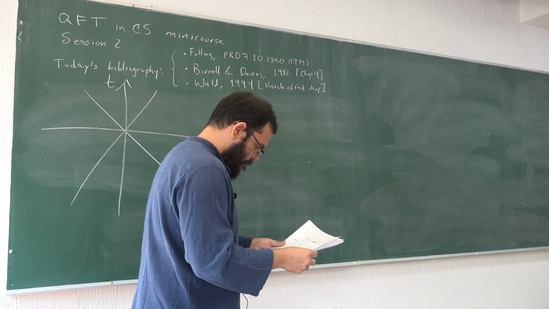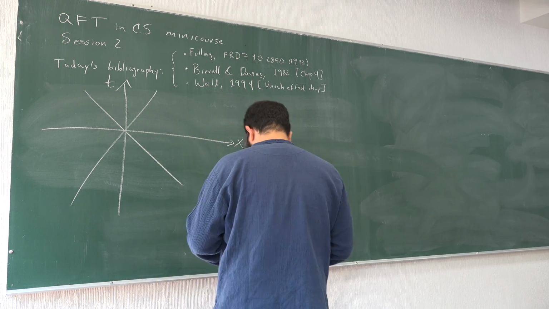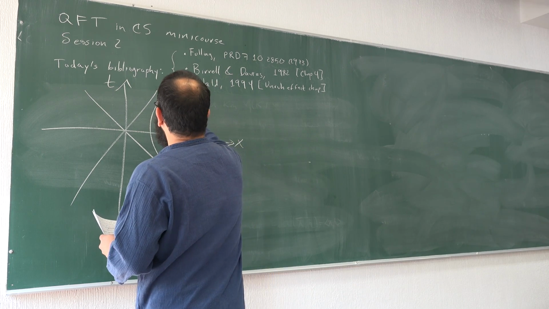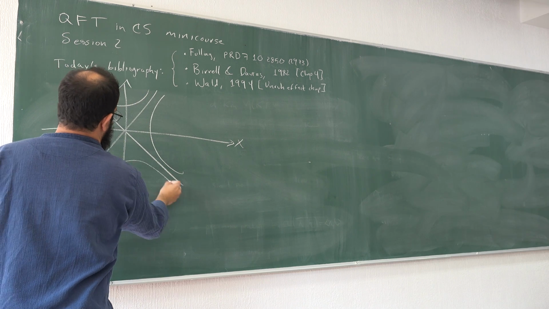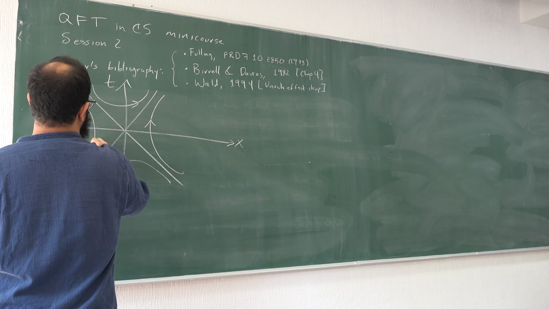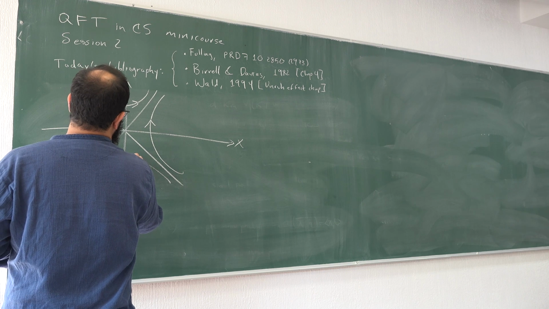So let me, well, I have written it somewhere, but I can also perhaps try to write it by memory. But the boost looks, I think, this goes in that direction, this goes in that direction, and this goes in that direction.